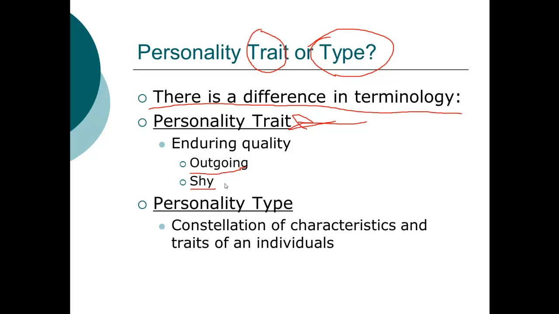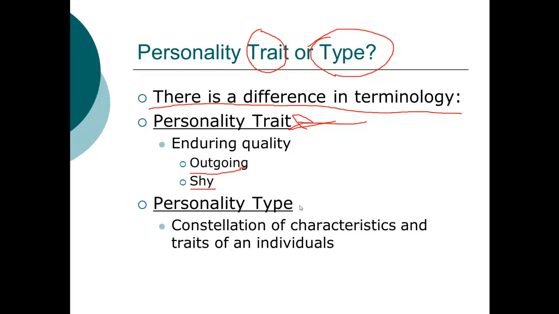Some kids never stop jabbering and they have no problems interacting with other kids, but others seem to be kind of withdrawn. They want to be by themselves and they don't have a whole lot to say. And so you can tell very quickly and from an early age that trait.